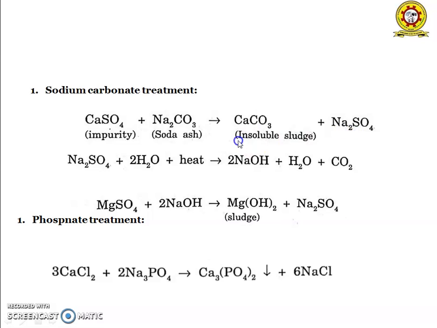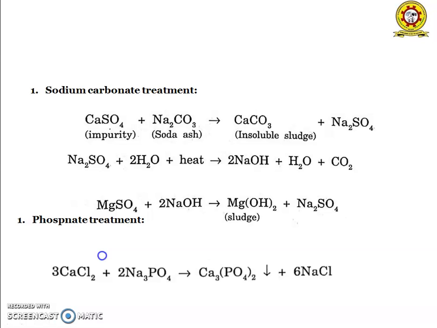This Na2SO4 reacts with water and heat to form 2 moles of NaOH and water and carbon dioxide. The other salts like MgSO4 react with 2 moles of NaOH to form a sludge of magnesium hydroxide, that is Mg(OH)2, plus Na2SO4.